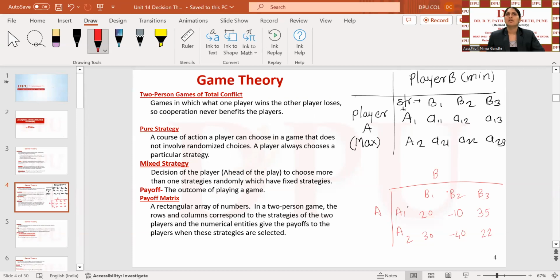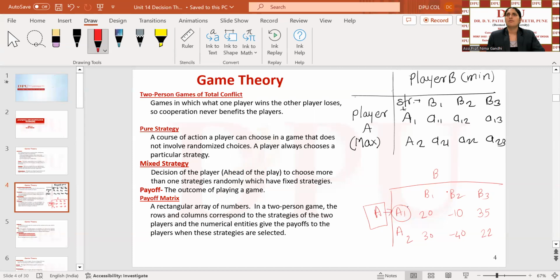So what is the meaning of this? A two-person zero-sum game of total conflict means whatever matrix is written is according to player A. So 20 is the gain for player A by using strategy A1. At the same time, 20 is the loss for B. If A goes with the A1 strategy, B can come up with B1, B2, or B3.